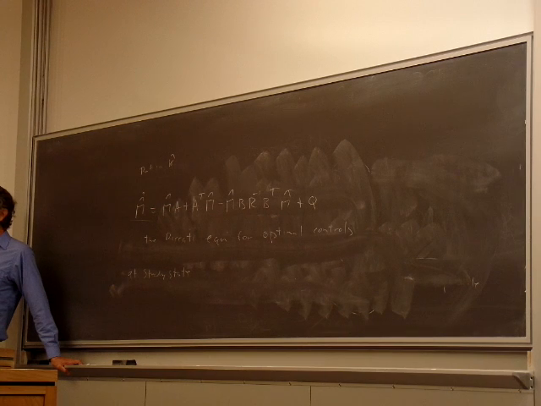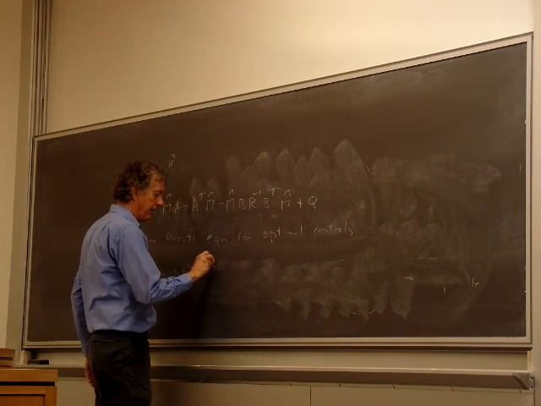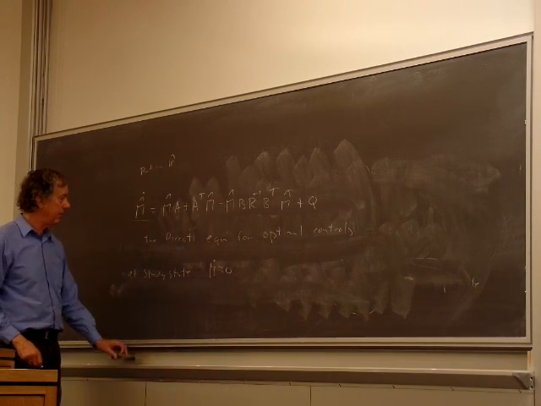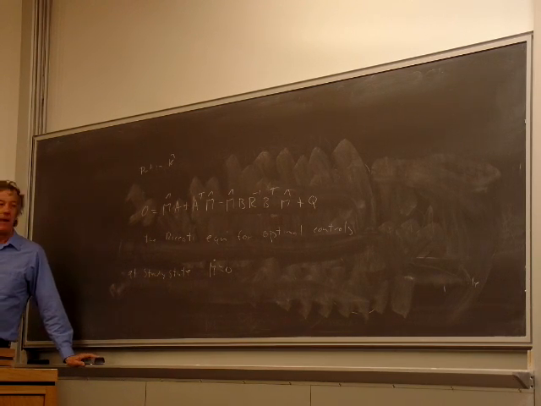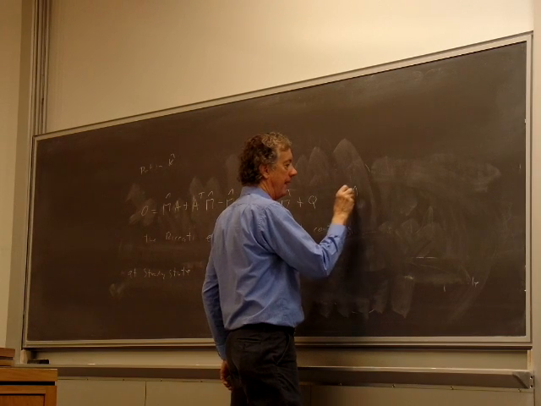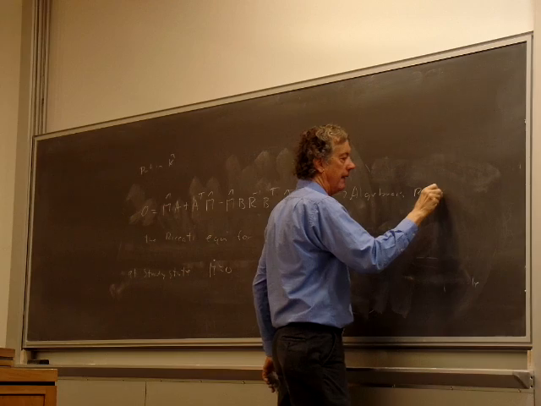So if it's steady state, what happens? Again, don't think too hard about this. M dot goes to 0. So at steady state, this is known as the algebraic Riccati equation.